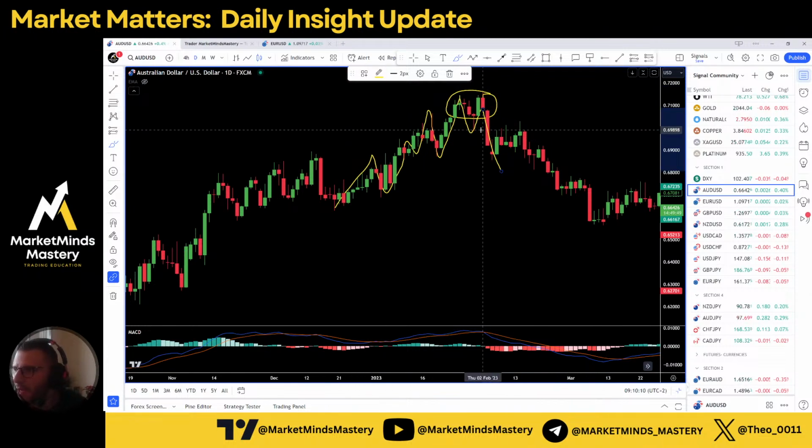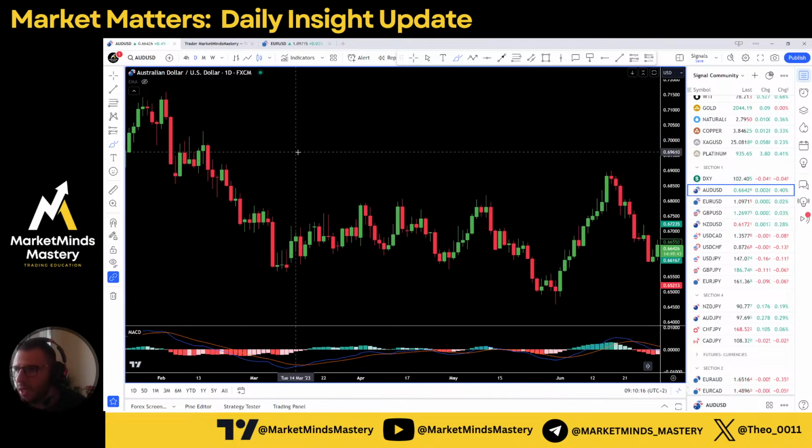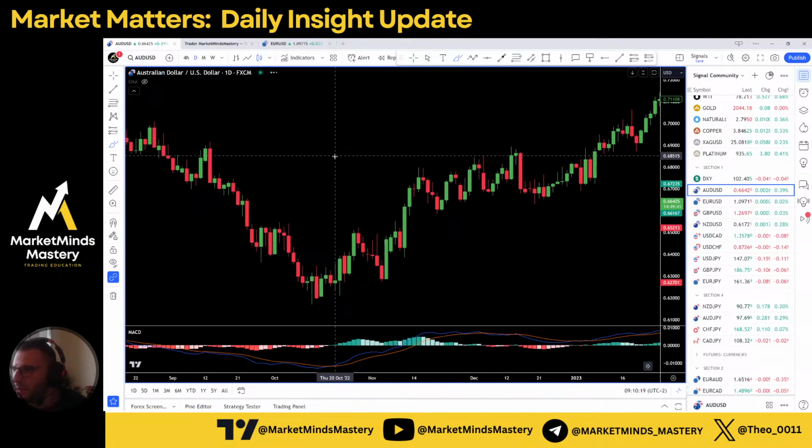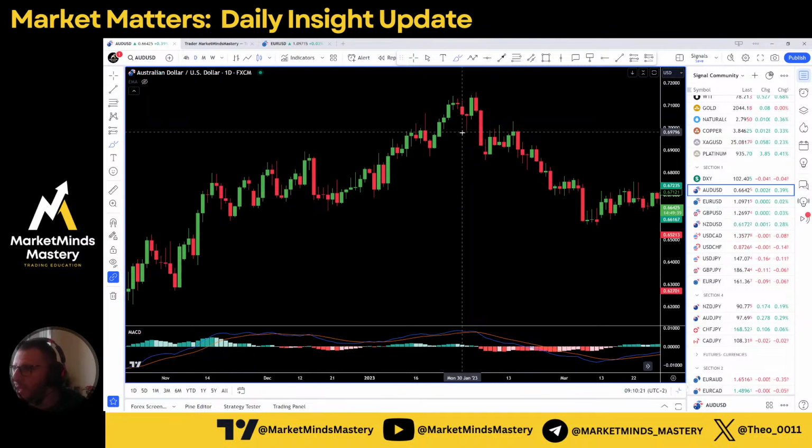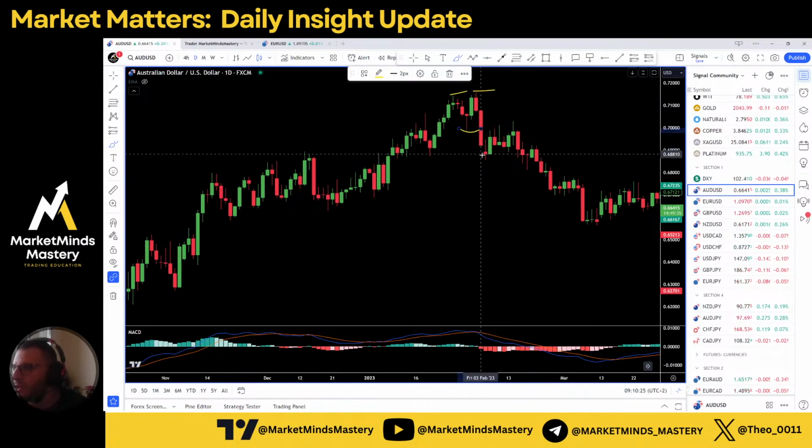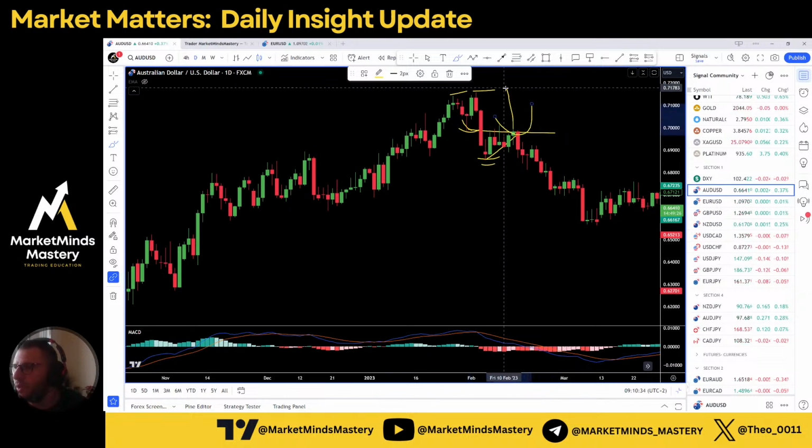Okay, I agree, that's a double top, let's say that's a neckline, and price breaks to the downside. Now it's this one here. What if we confirm that the trend changed with this lower low, and then we wait patiently for a retracement to enter short? Why should we try to take the trade here?